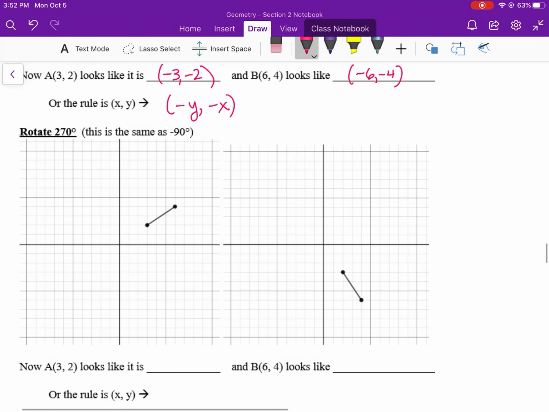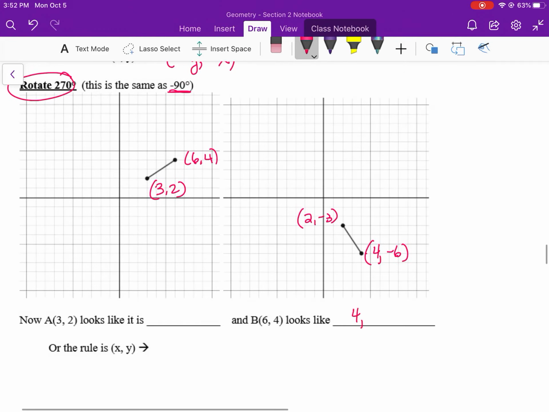Okay? And then here, if I want rotating 270, that's 3 times, or I could call it -90. That's 1 time to the right. Notice this point here, which was 3, 2 and 6, 4. Now 3, 2 is 2, -3, and 6, 4 is now 4, -6.